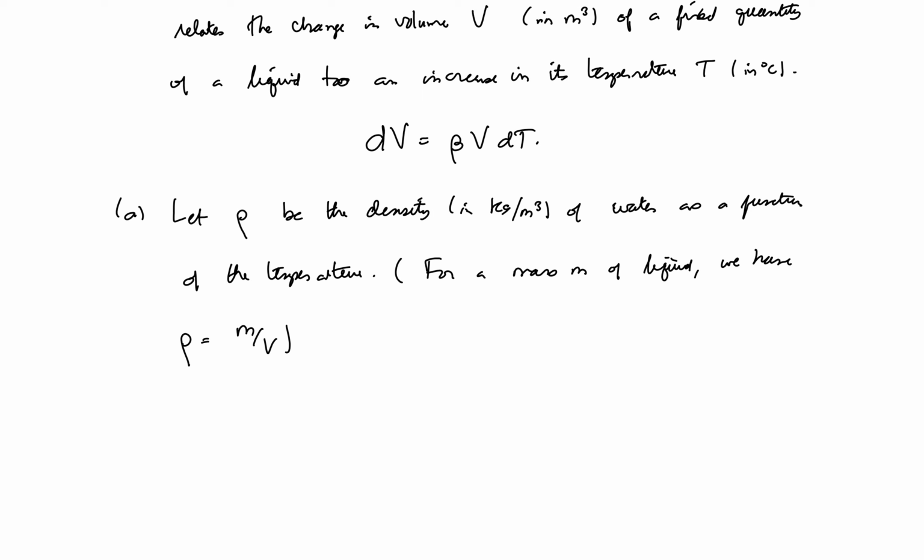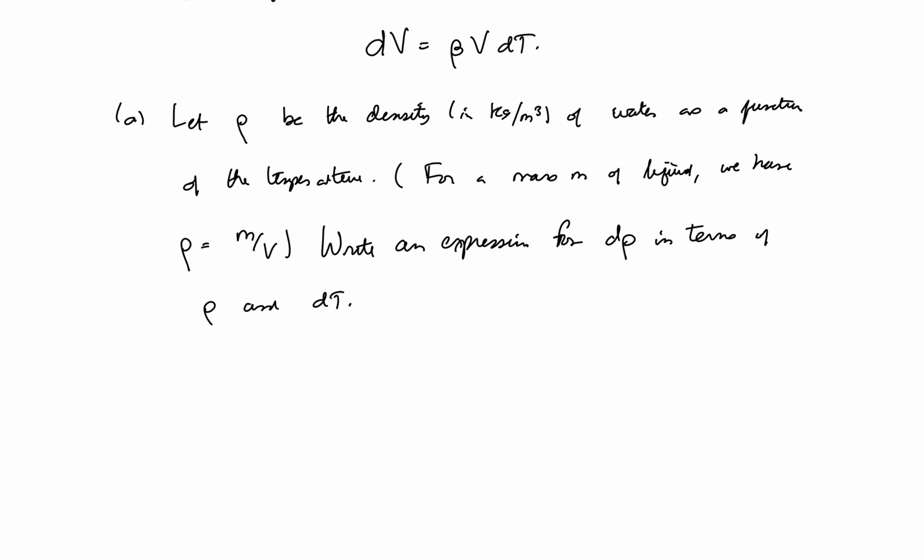So we're going to let rho be our density, which is a function of the temperature. We recall that density is given by the mass divided by the volume. So let's start by writing an expression for d rho in terms of rho and dT. So that's our first step.